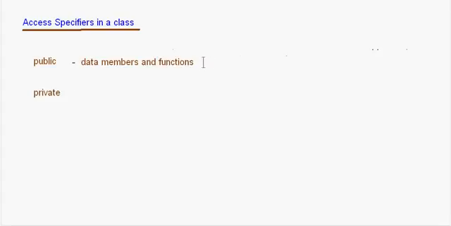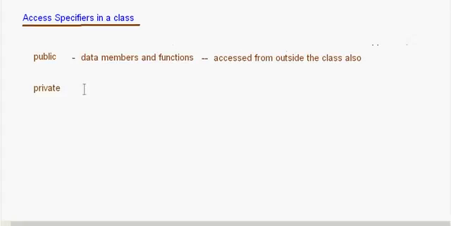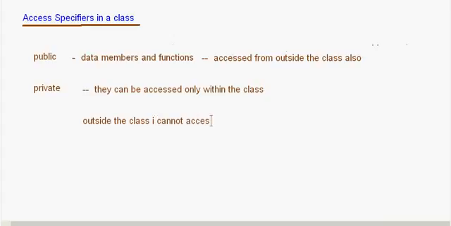If they are made as public, that means they are accessed from outside the class also, and private means they can be accessed only within the class. So outside the class I cannot access the private members of a class.